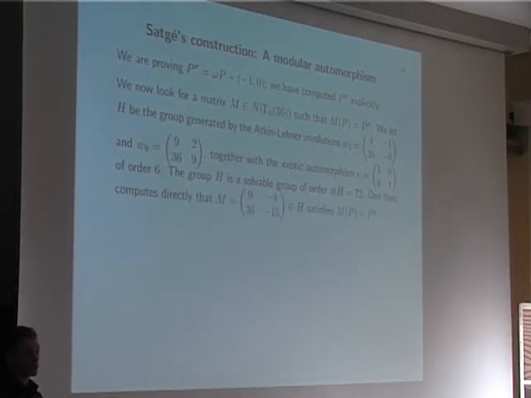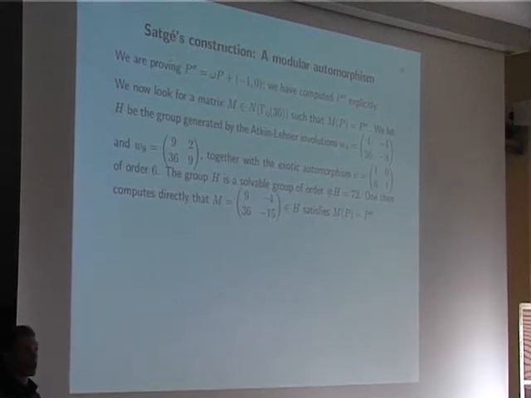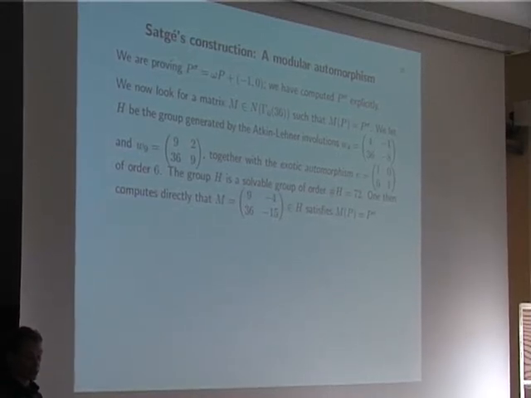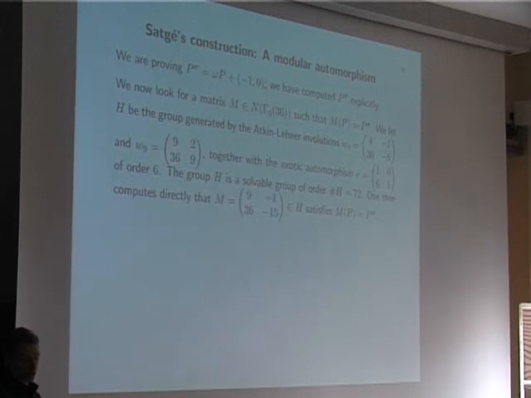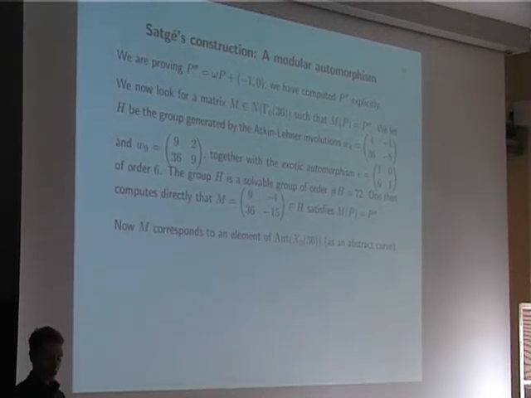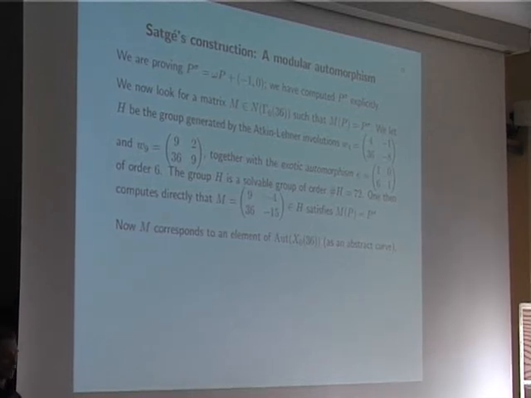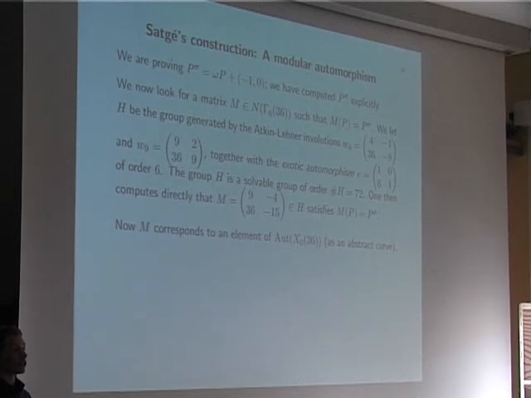So maybe you run a computer first to try to find it, and then you prove to yourself that this actually works for all values of P, and you can check this directly. Okay, so now we have our candidate M. M is now just an element of the automorphism group of X_0(36). And here I'm considering it as just a genus 1 curve.